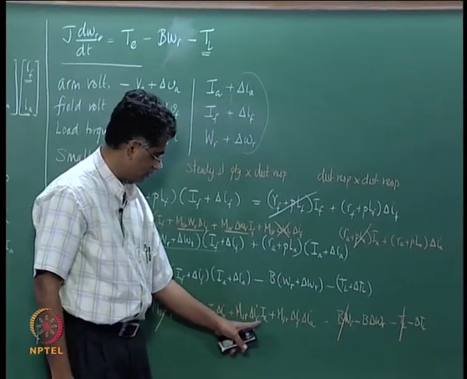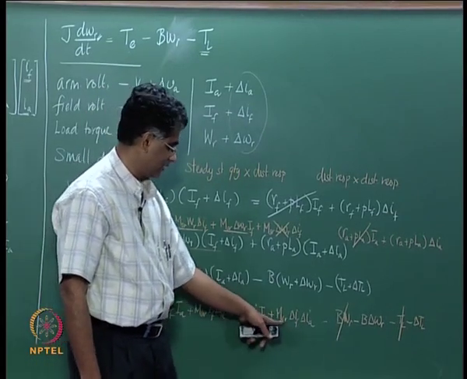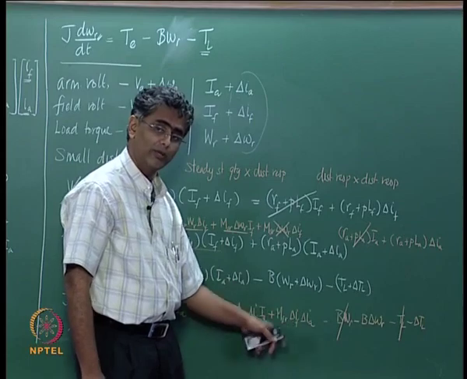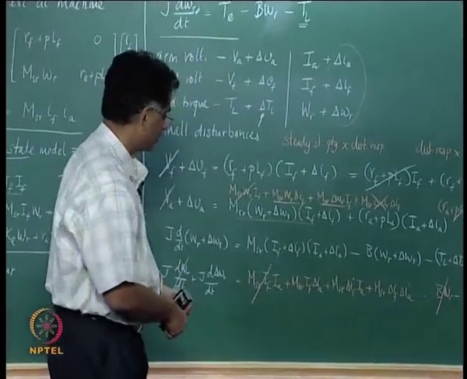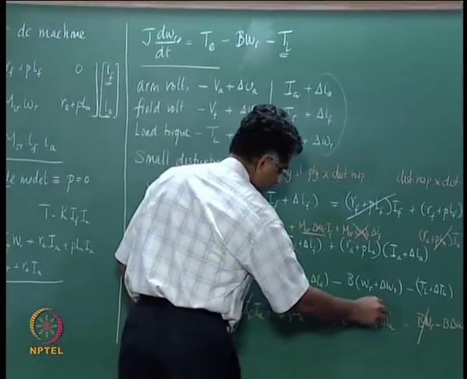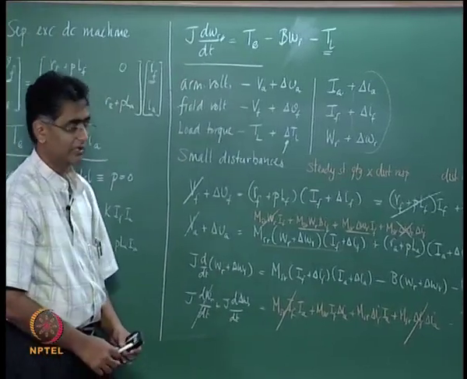This is also steady state multiplied by a disturbance response, whereas this one is disturbance multiplied by disturbance. So, small number multiplied by another small number, therefore this can be considered to be very small in comparison to the others, and therefore that can also be removed.